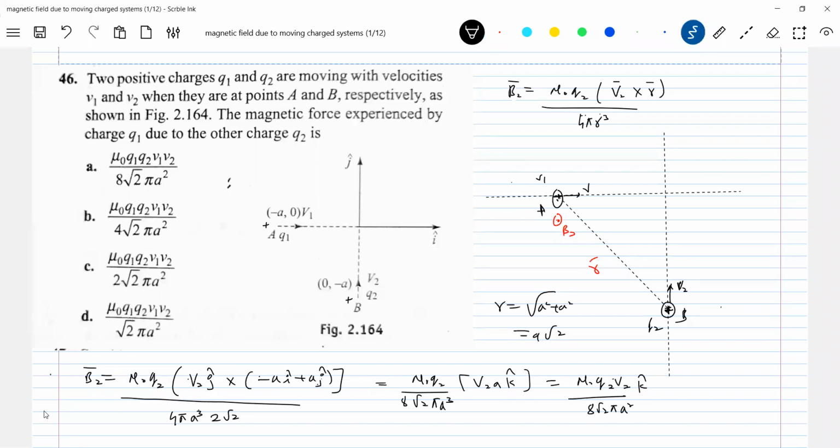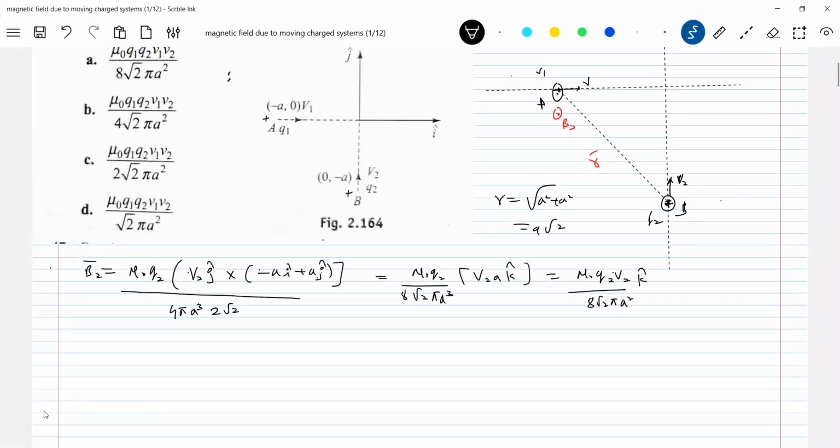So F is equal to, apply the formula now. What is the formula? F1 is equal to Q1 V1 bar cross B2 bar. This is what the force is asking.